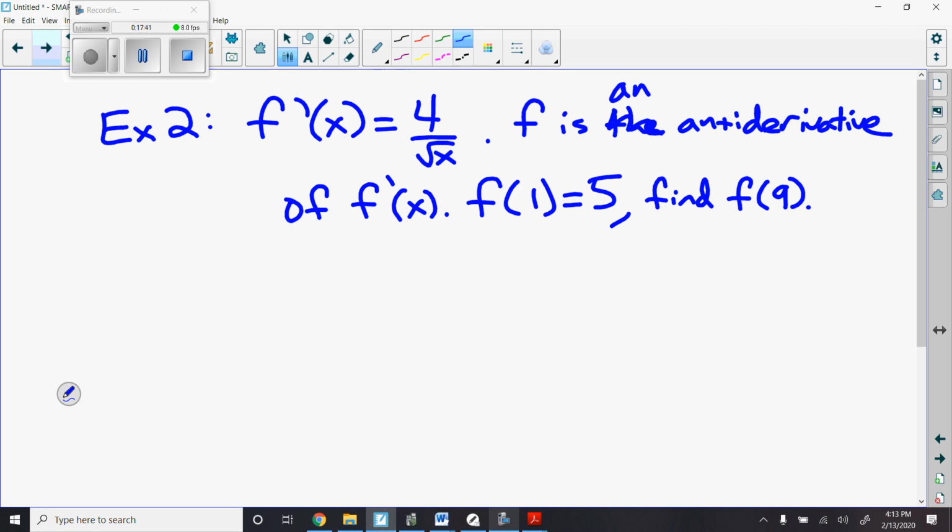Okay, so once again, I'm taking my initial condition, and I'm going to skip a step here and just put 5 as my initial condition, plus the integral from the initial condition's x value of 1 to the x value that we want, which is 9, of my function 4 over root x.